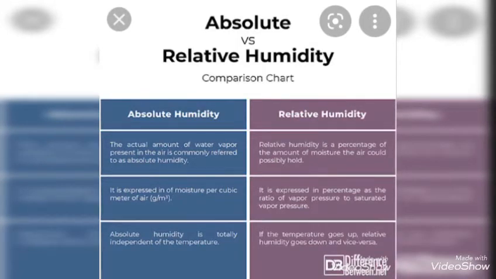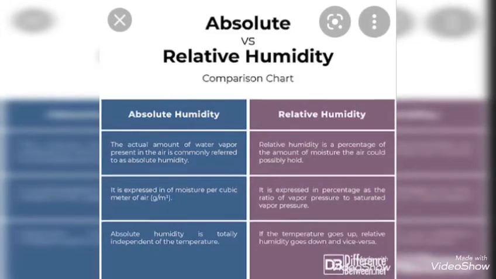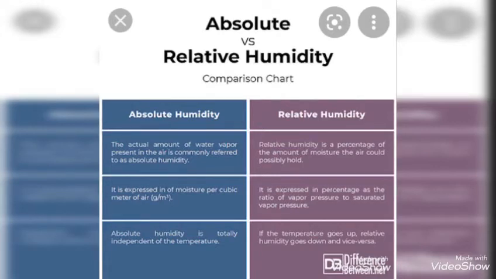Absolute humidity is expressed per cubic meter of air, and relative humidity is expressed as a percentage. We'll repeat it again: the actual amount of water vapor present in air is called absolute humidity. The percentage of the amount of moisture it could possibly hold is called relative humidity.